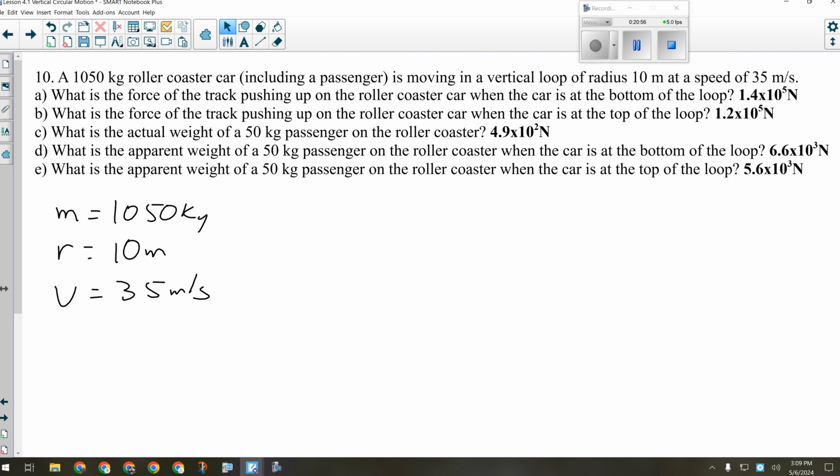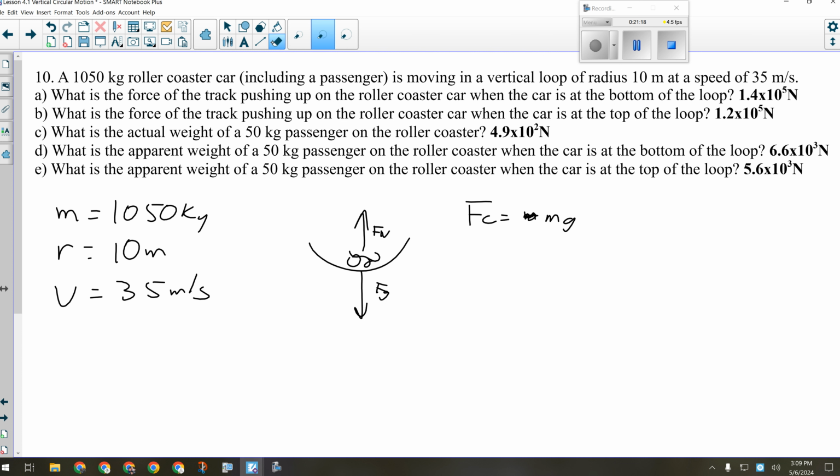So if we're at the bottom of the loop, the normal force is up. That's the force of the track. And then Fg here. Fc equals m times g. Sorry, that's backwards.